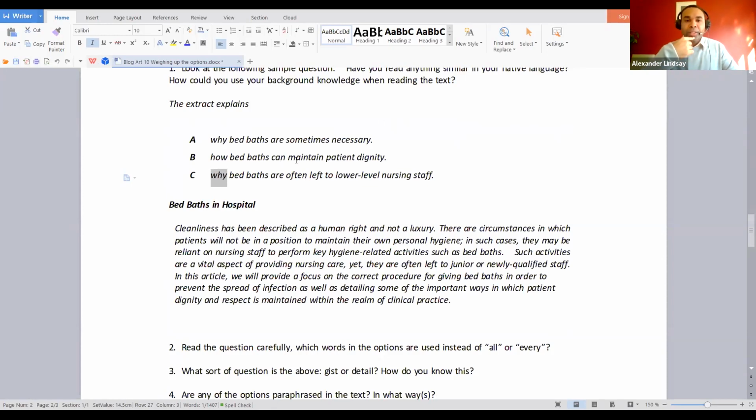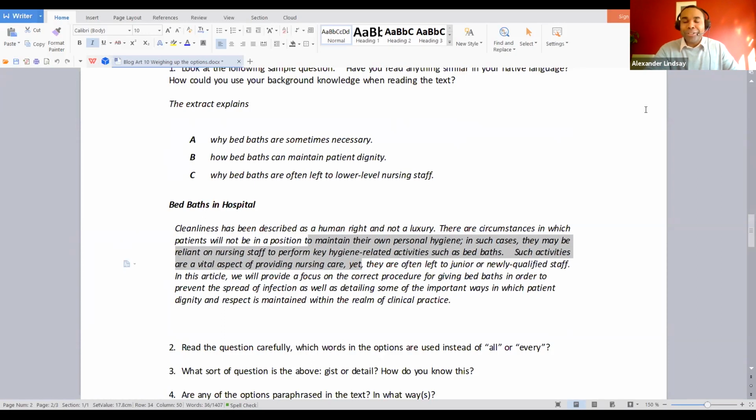So, how bed baths can maintain patient dignity. From this extract, do we learn how bed baths can maintain patient dignity? Before you answer that question, think about it from your own personal background and experience. How would bed baths help to maintain patient dignity? What sort of questions would you want to answer in order to provide an answer?